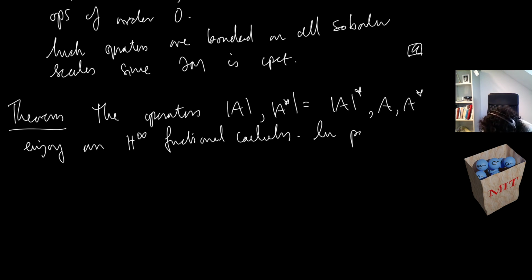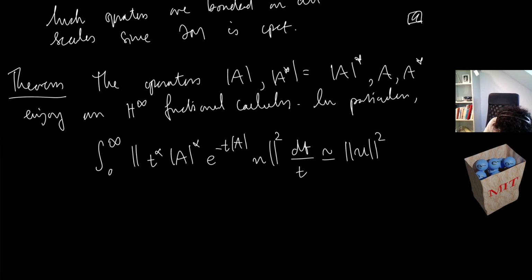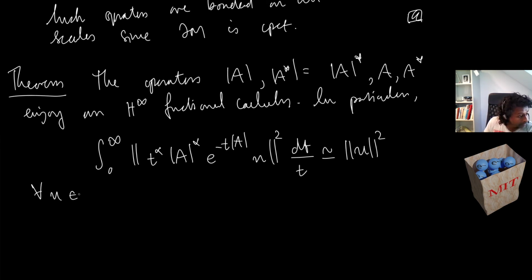In particular, the integral from 0 to infinity of t to the alpha, modulus A to the power alpha, e to the minus t modulus A of u, squared, dt over t, is comparable to the norm of u squared for all u in L2 of partial M. Okay?